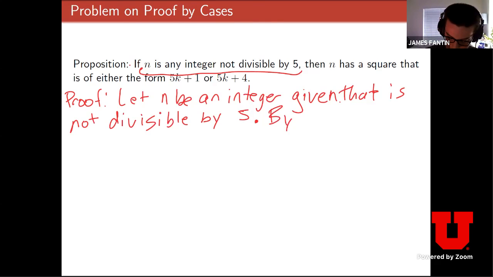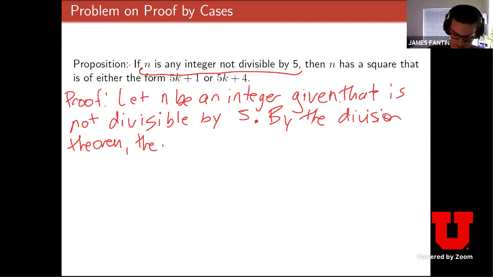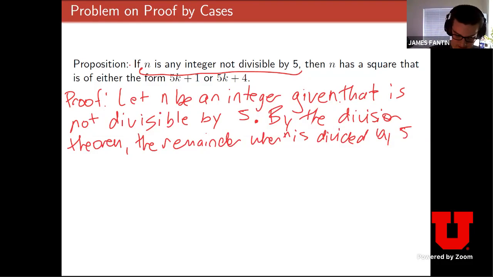So by the division theorem, the remainder when n is divided by 5 is 1, 2, 3, or 4.